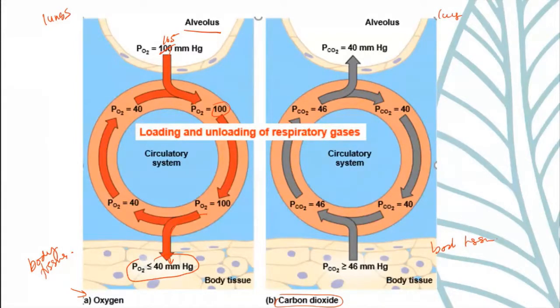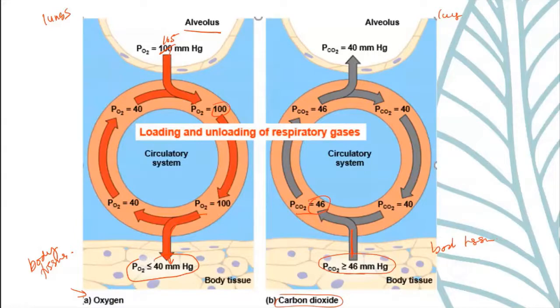Vice versa for carbon dioxide: because your body cells are respiring, producing a byproduct which is carbon dioxide, the partial pressure of carbon dioxide in your body tissue will be higher, more than 46. It diffuses across the wall of blood capillaries into the blood where the partial pressure of carbon dioxide is 46.